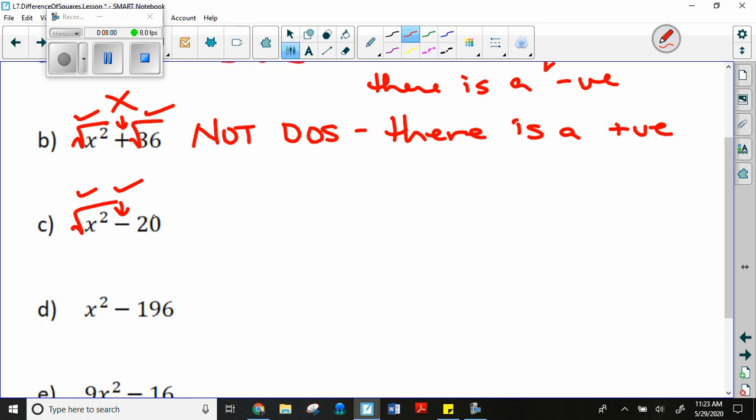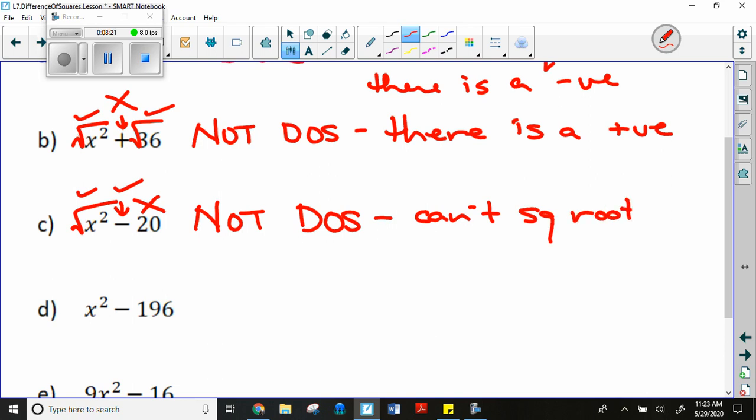There's a negative. I cannot take the square root of 20. 4 times 4 is 16, 5 times 5 is 25. This is not a perfect square rootable number. Not a difference of squares. Can't square root 20.